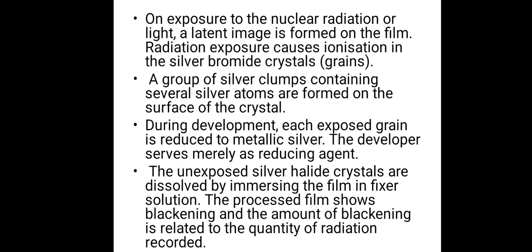On exposure to nuclear radiation or light, a latent image is formed on the film. Radiation exposure causes ionization in the silver bromide crystal or grain. A group of silver atoms are formed on the surface of the crystals.